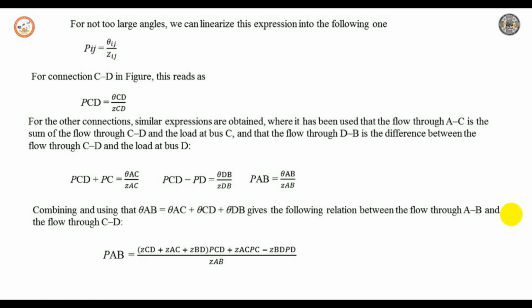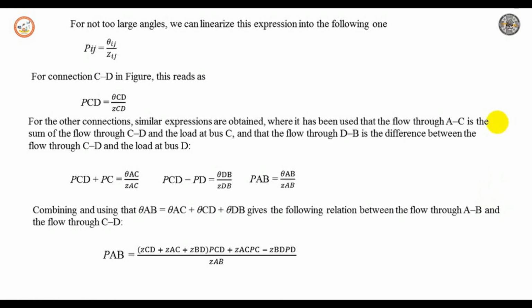The power flow through AB is given by ZCD plus ZAC plus ZDB, multiplied by the power flow through CD, plus the impedance of the AC line times the power flow through C, where the load is connected, minus the impedance of the line BD times the power flow through D, all divided by the total impedance of the line AB. This is the overall expression for the power flow through AB in a meshed network.